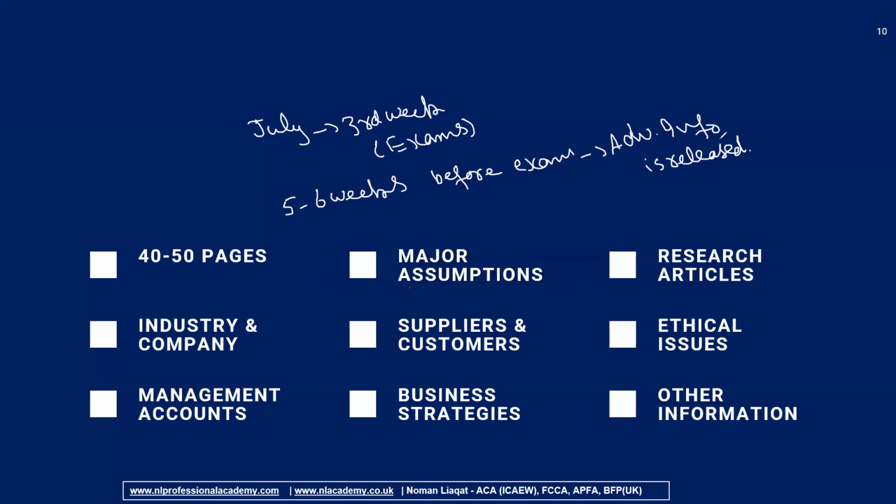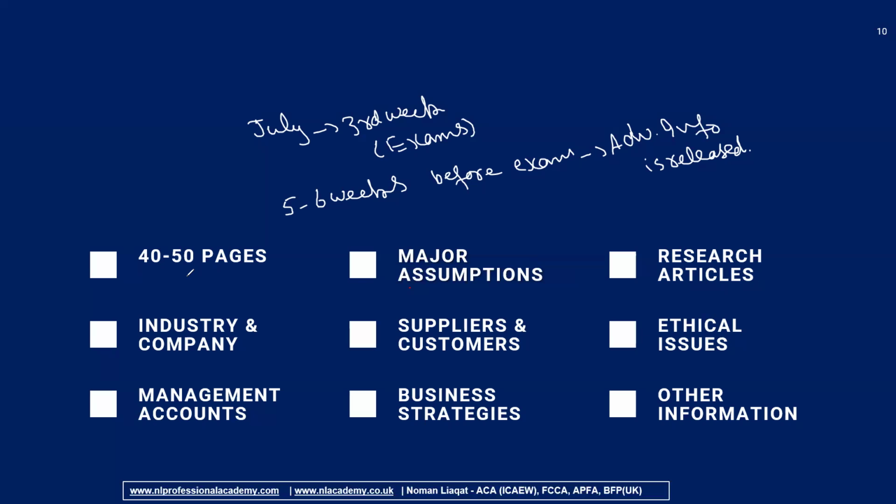Now there is a misconception, and some students think that when advanced information is released, it means the exam paper is there and each and everything. No, it's not like that. The exam paper will be based upon the advanced information. Based upon means you have an idea about the client's history, its performance, its suppliers, customers, supply chain, processes, strategies, future plans.